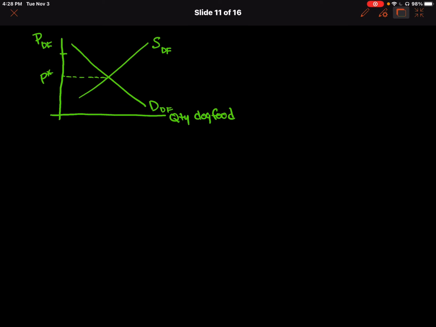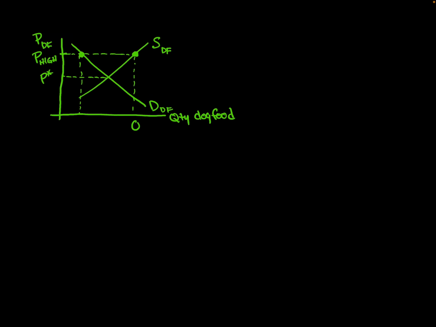And if we had a price up here, we noted that this would involve a situation in which we have a surplus of dog food. This would be the quantity supplied. This would be the quantity demanded at our high price.